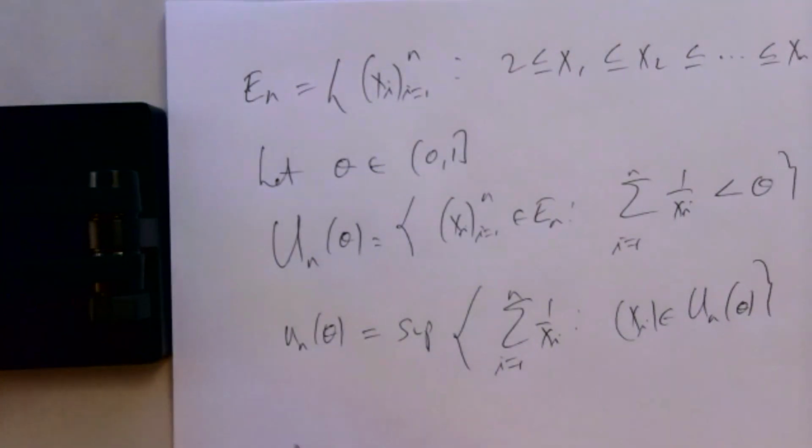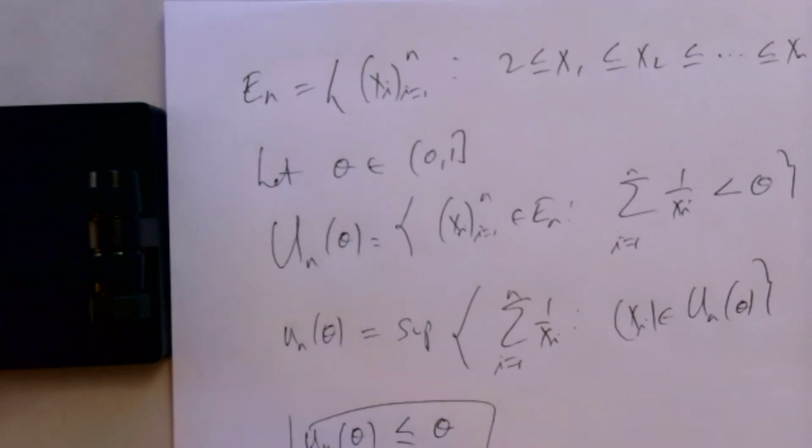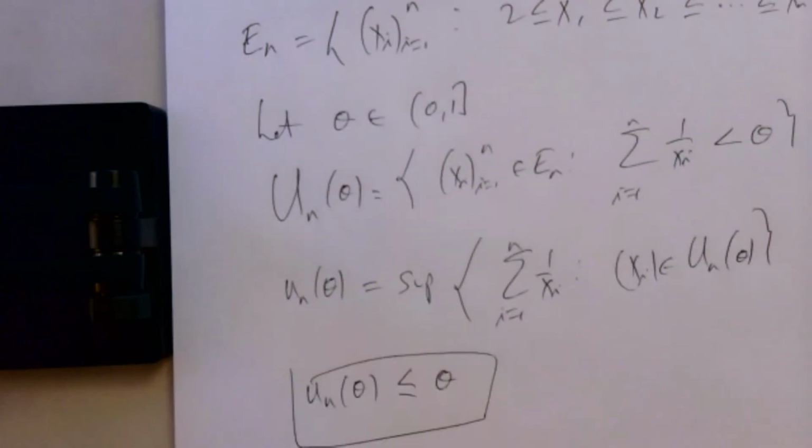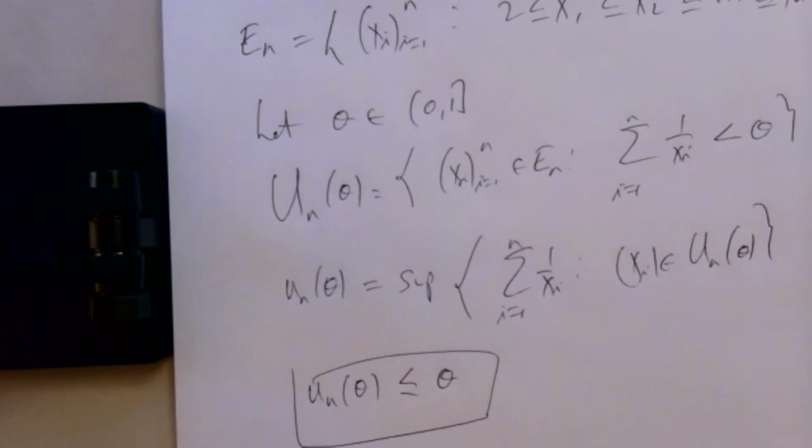So every one of these numbers is strictly less than theta. So the sup is less than or equal to theta. And you could conceive of a situation where there are numbers in this set that get closer and closer to the supremum, but never hit it.